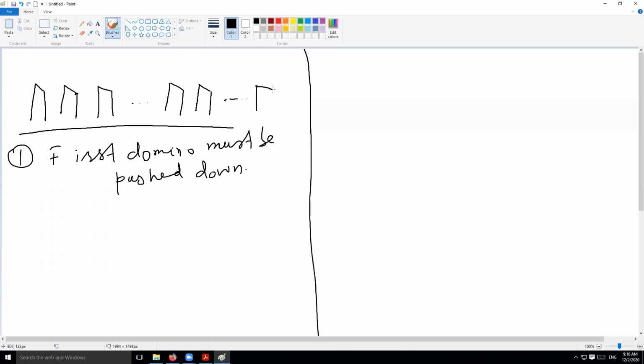Maybe this situation can also arise, that you have a domino and there is another domino which is away from this domino. And if this falls, then there is no impact on the other domino.